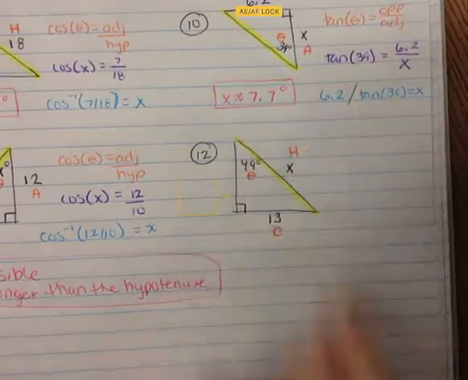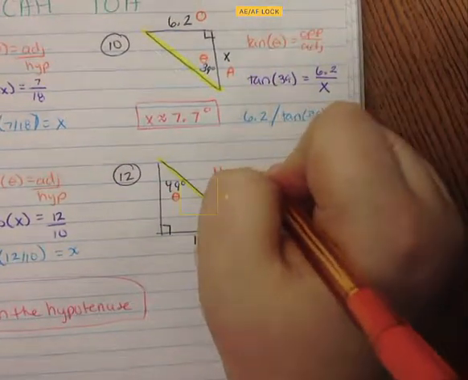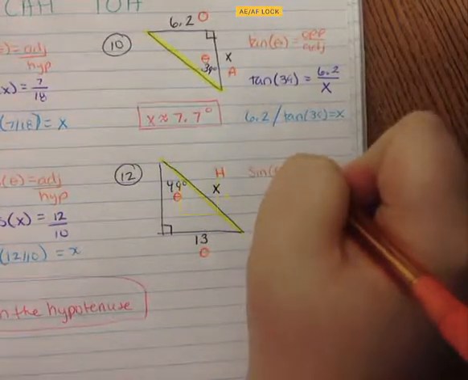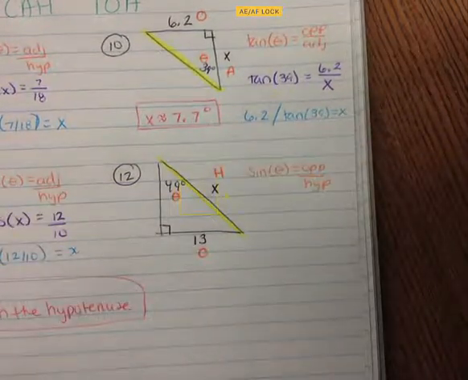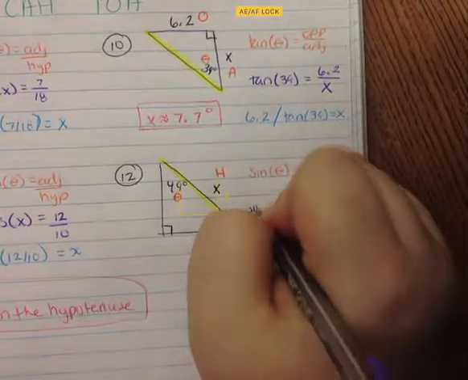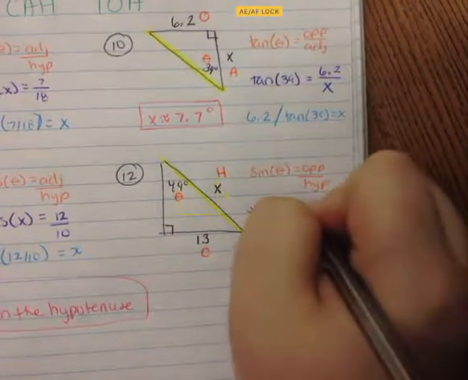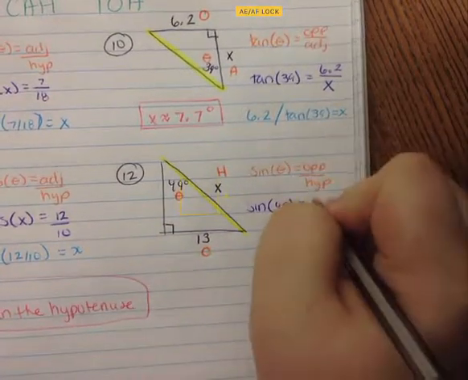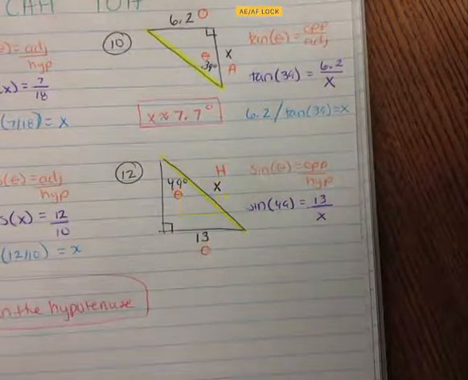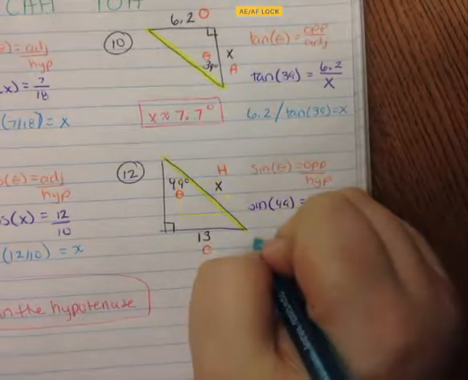So we have O and H. O and H is sine. So sine of theta is equal to opposite over hypotenuse. Sine of 49 degrees is equal to your opposite, 13, over the hypotenuse, x. This time you're given your numerator, so you take your numerator and divide it by your trig.